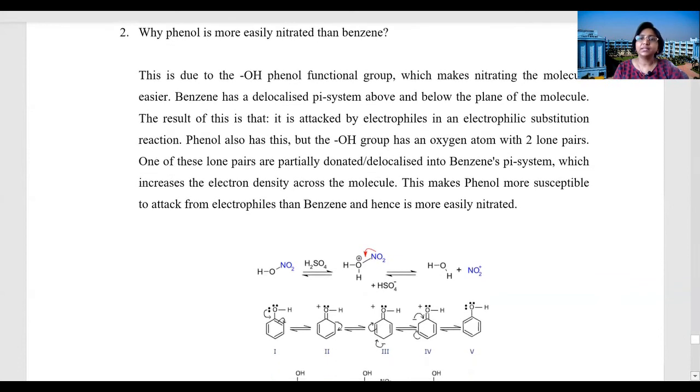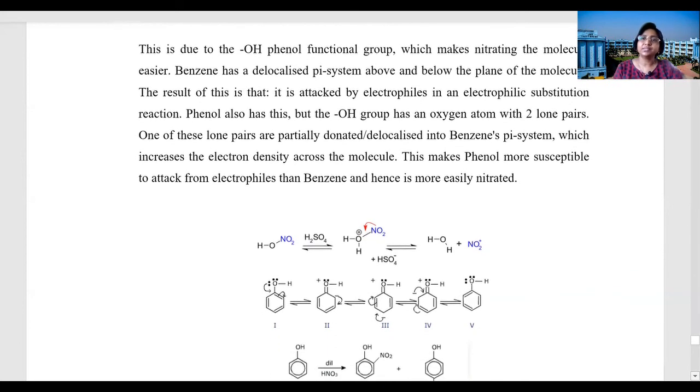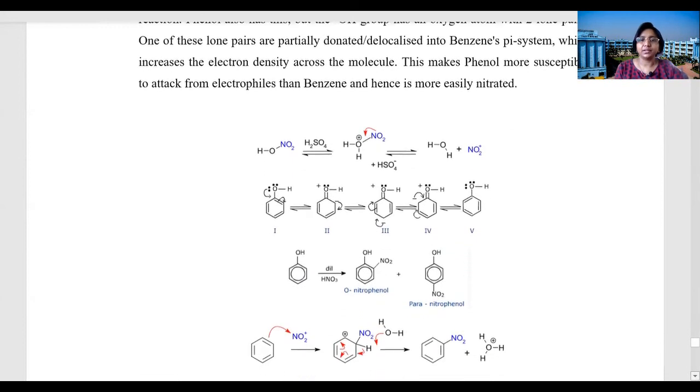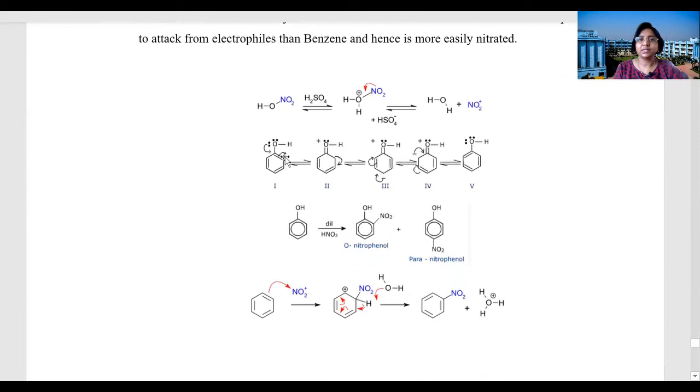So you can understand the electron density in phenol is higher than the electron density in benzene. That is why it is more easily attacked by electrophiles, the positively charged species, and that is why it is easily nitrated. Here all the reactions and resonating structures are given, so you can mention all these things. Here you can see how it is nitrated with NO2 plus.